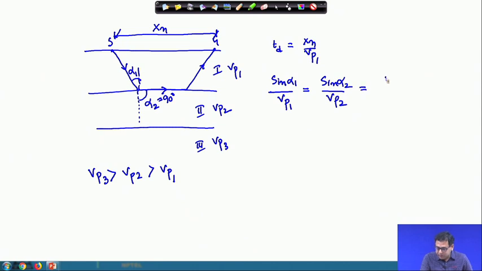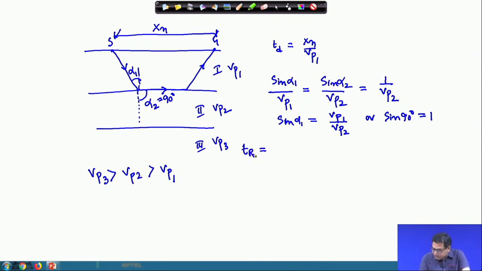So we can write this as 1 by VP2, and so our sin alpha 1 is equal to VP1 divided by VP2, as sin 90 degrees is equal to 1. Now I derive the expression of Tr, which is the refracted ray.